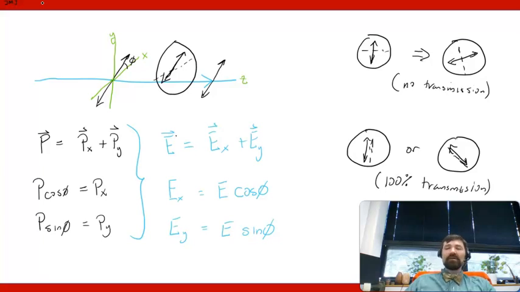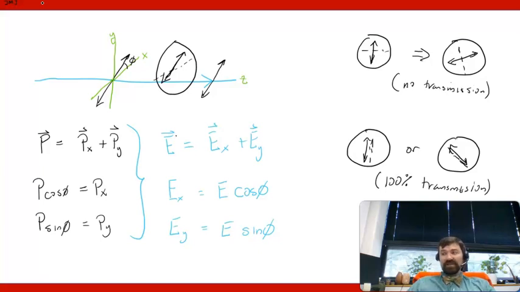So it doesn't matter whether this is oriented vertically or slashed in some way, as long as the polarization is initially parallel, then all the light will go through.